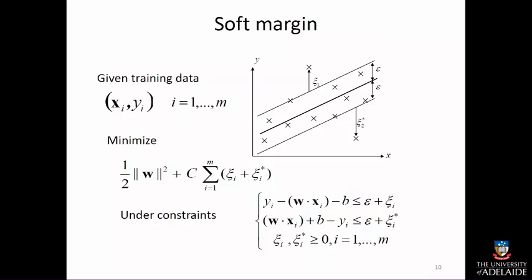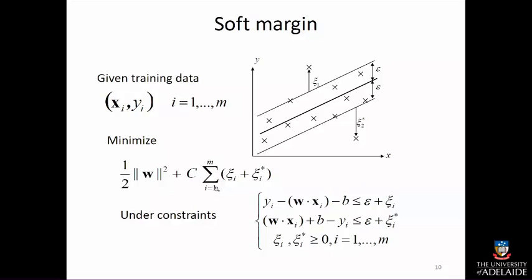Mathematically, we can formulate this soft margin support vector regression something like this, almost the same as in the case of classification.